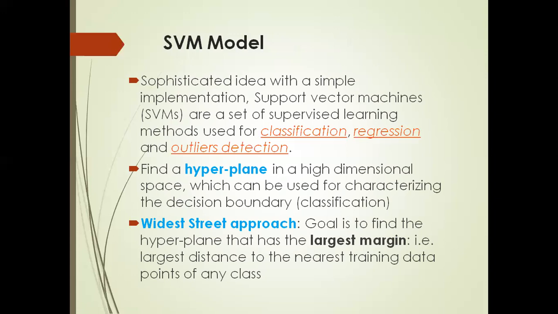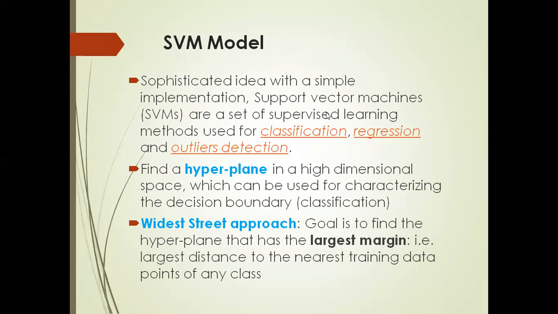Next we'll see the SVM model. So what is this SVM model? An SVM is a classifier function in a high dimensional space that defines the decision boundary between two classes. So the two classes we can see with an example. The SVM model is thus conceptually easy to understand.